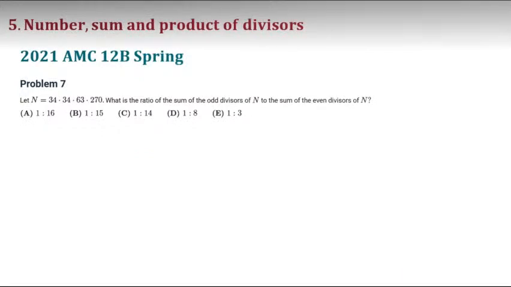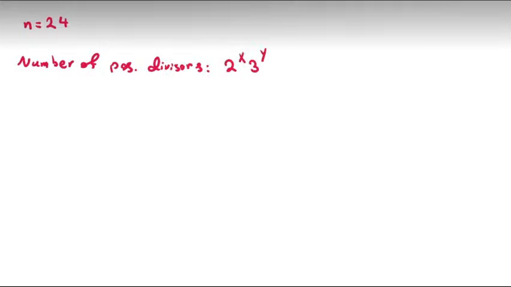Number, sum, and product of divisors. Let me, for example, consider 24. The number of positive divisors: if you have a divisor, it will be 2 to the x times 3 to the y.